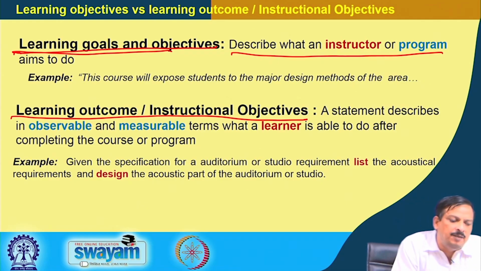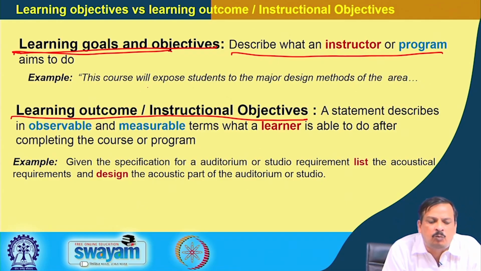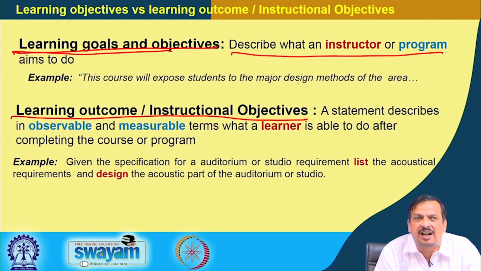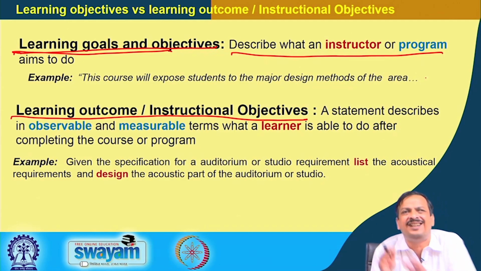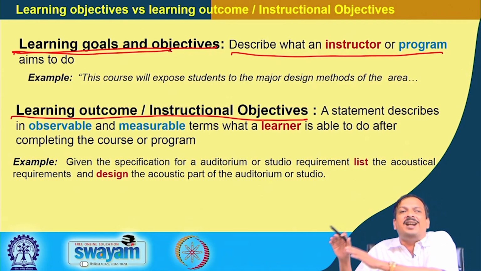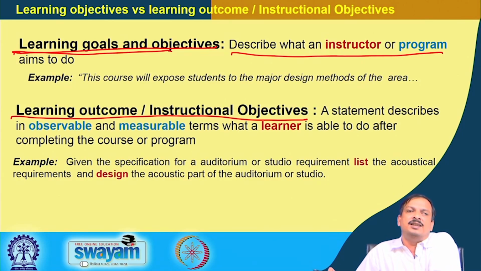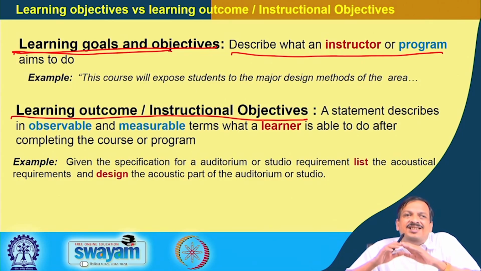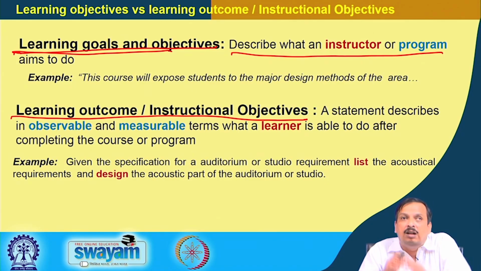For example, this course will expose students to the major design methods in the area of, let us say, analog electronics. That is what the instructor wants to cover. That is why it is called a course objective or course goal.